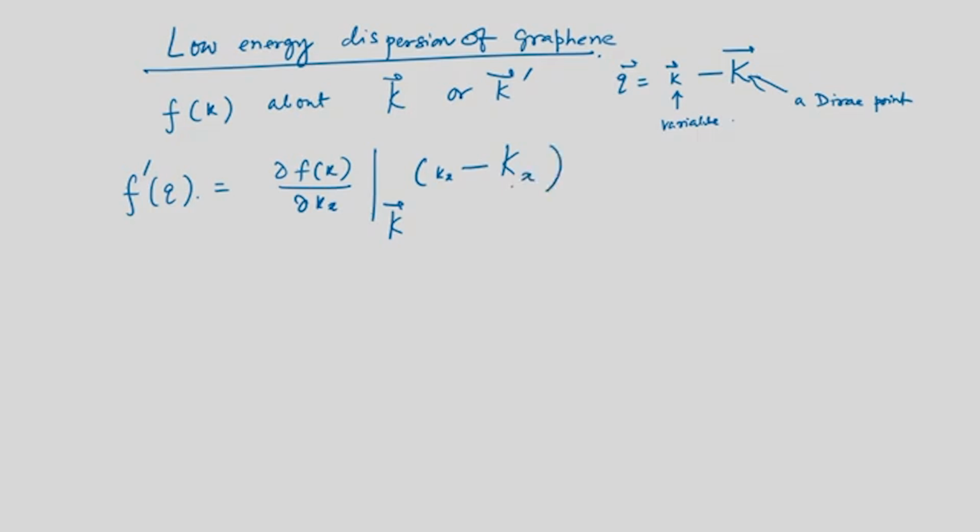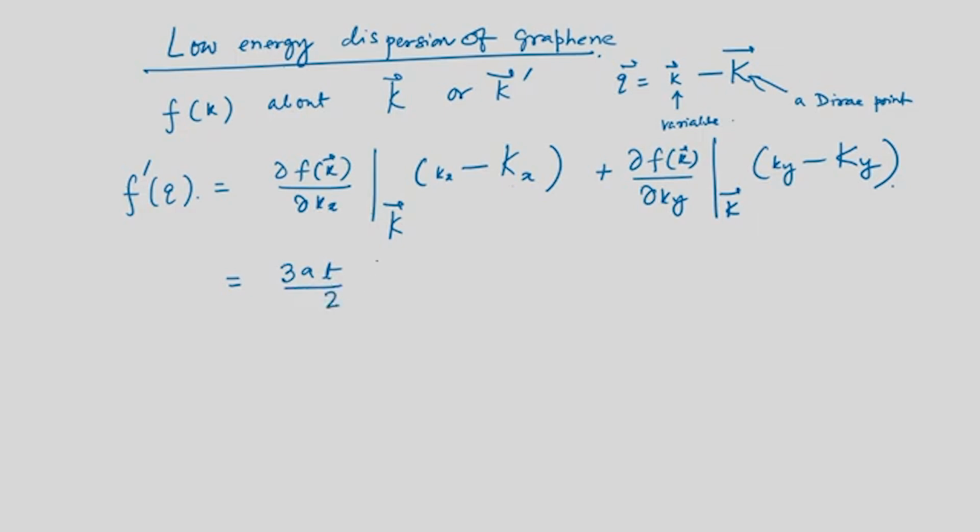This K x is the x component of the Dirac point in the Brillouin zone, and this small k x is a variable, plus del f of k by del k y at the K point times (k y minus K y).